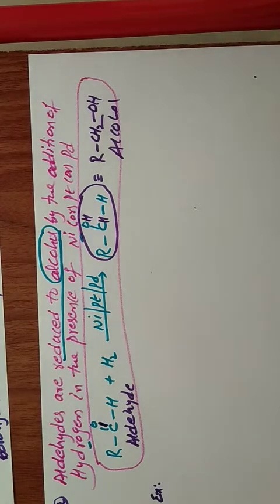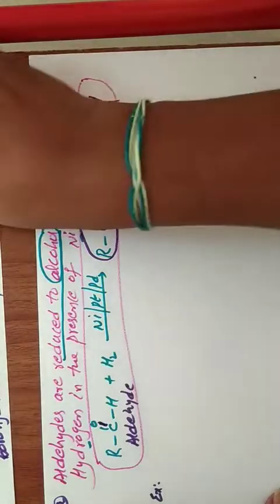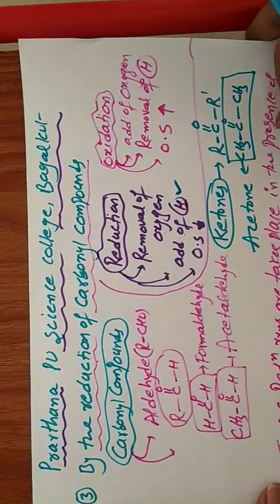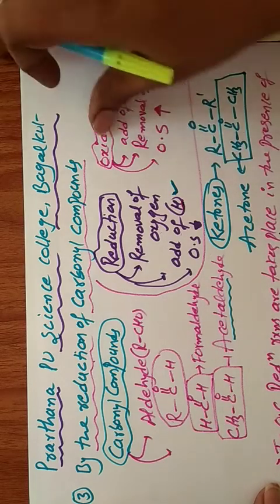So here we are taking examples. Acetaldehyde: previously we discussed this one. Here CH3CHO. What is the name? Acetaldehyde. Suppose if we take hydrogen instead of CH3, that is taken as formaldehyde.